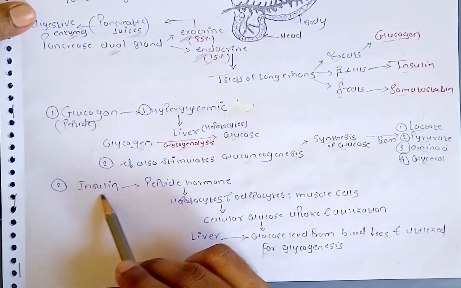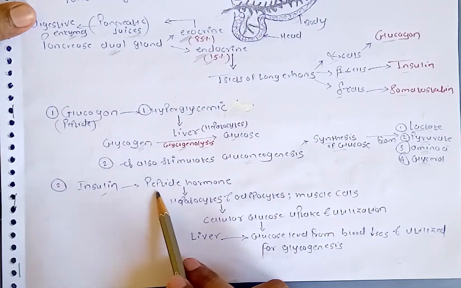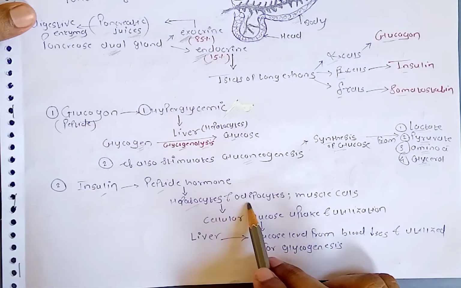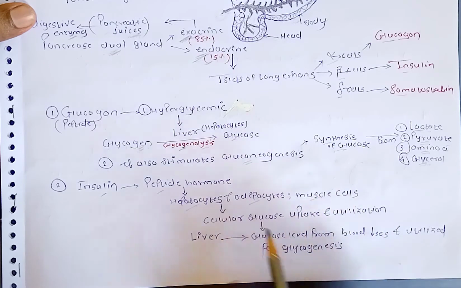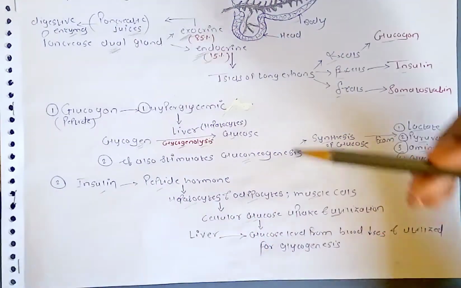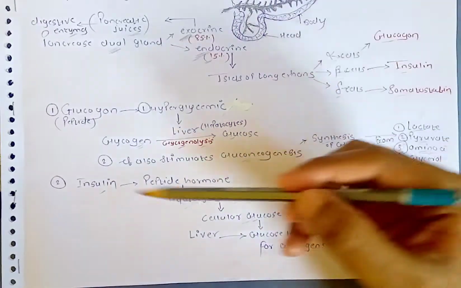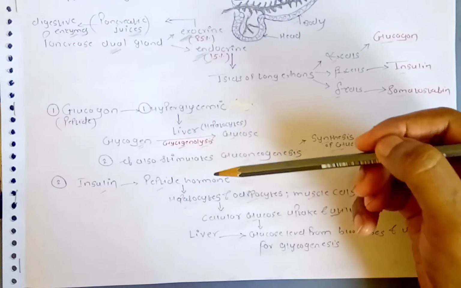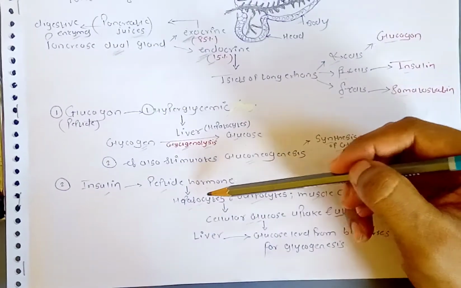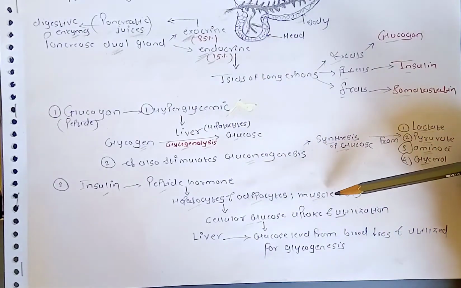Second hormone is insulin. This is a peptide hormone. It mainly acts on hepatocytes of the liver, adipocytes and muscle cells for cellular uptake of glucose for its utilization. So whenever there is an increase in the level of glucose in the blood, insulin helps to use that glucose molecule in the body by acting on hepatocytes, adipocytes and muscle cells.